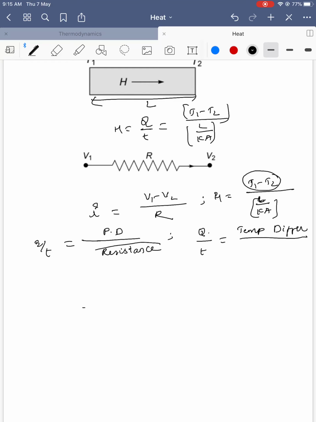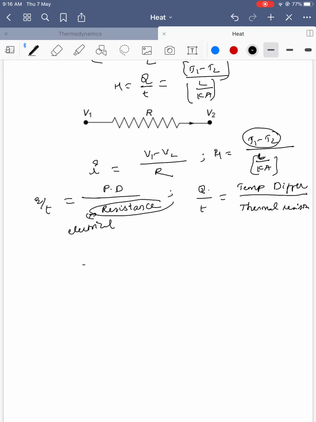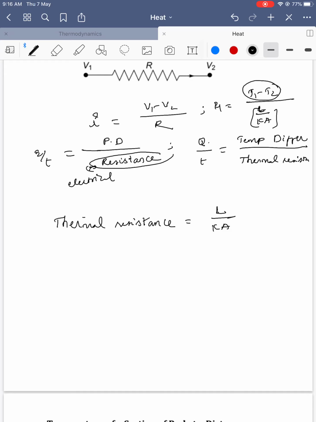So here, if you see, what kind of resistance is it? Electrical resistance. I can write this L by KA as thermal resistance. So thermal resistance is equal to L by KA. What is the unit of L by KA?